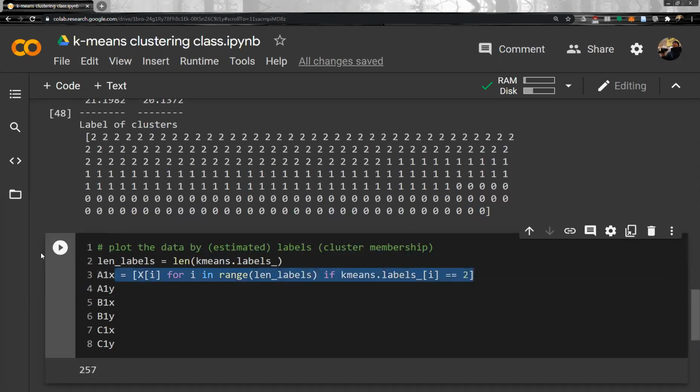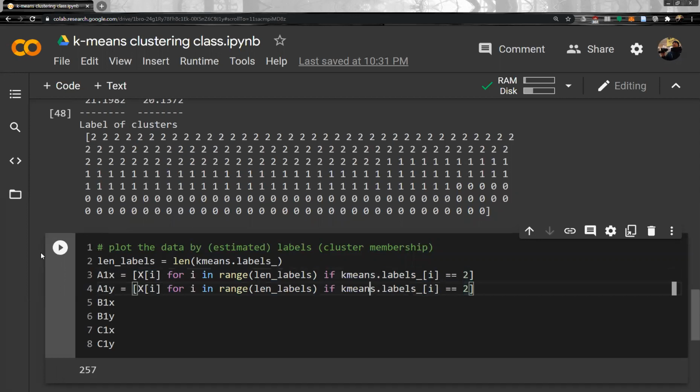And then we copy, paste, and now it is y, with kmeans.labels_[i] equal 2. I think it is right.